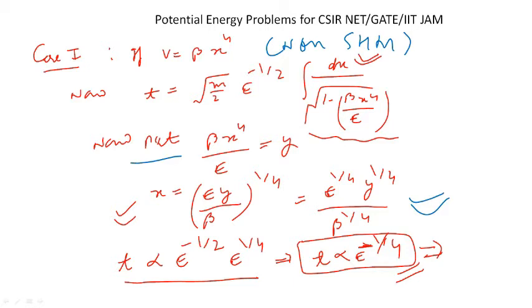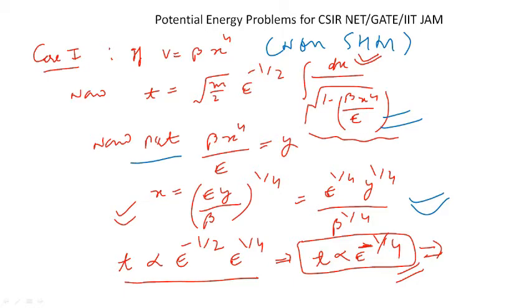When we put this value, then your time period comes out to be proportional to E to the power minus 1/4, because this whole term looks like a constant and the integration of 1 with respect to x comes out to be x.